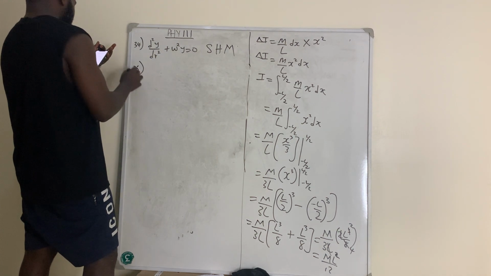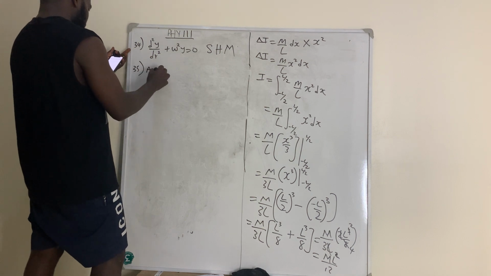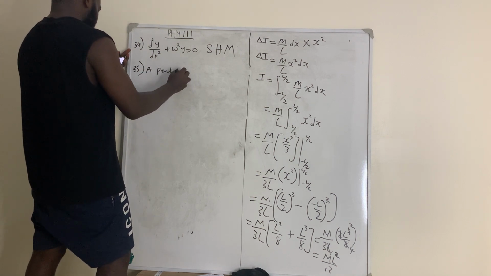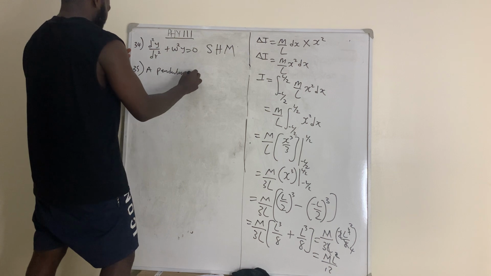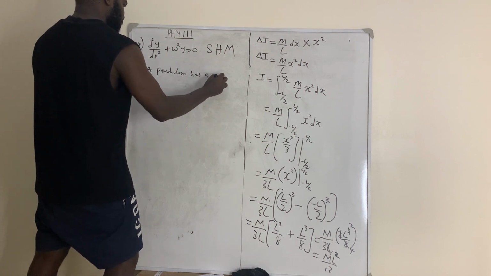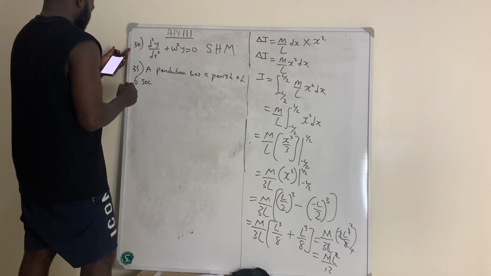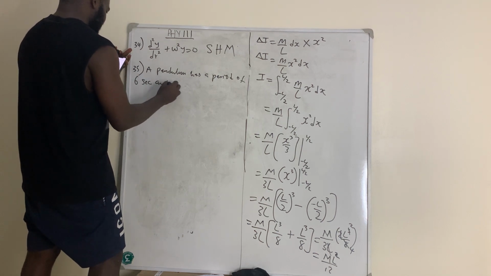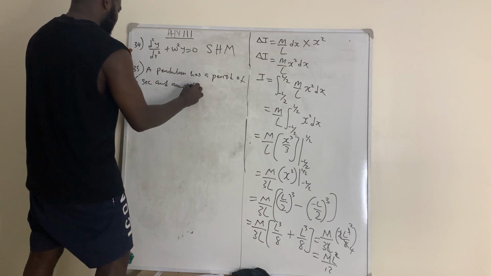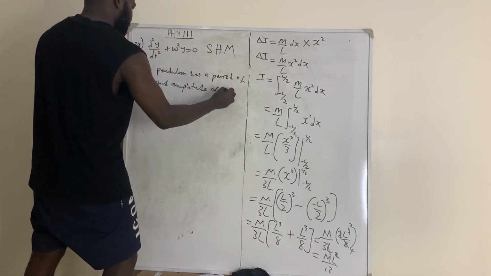So question number 35 said a pendulum has a period of 6 seconds and amplitude of 8 cm.